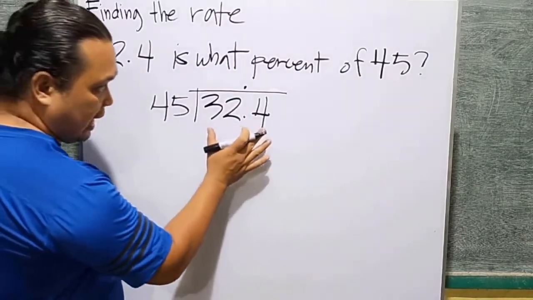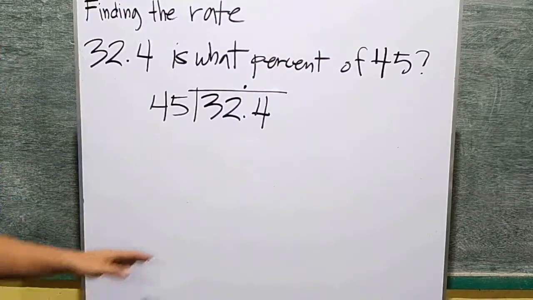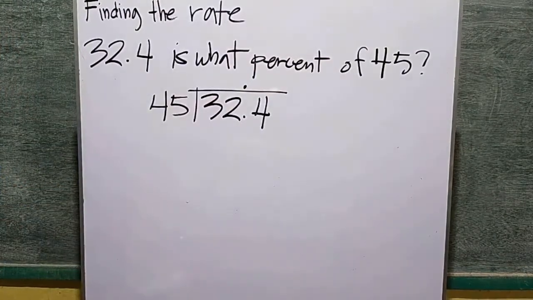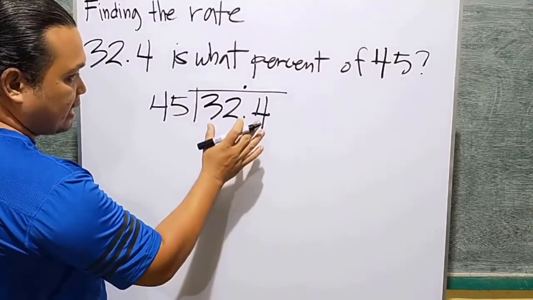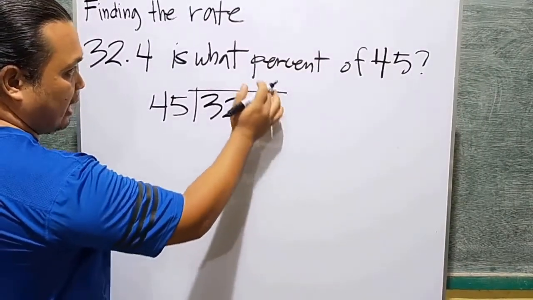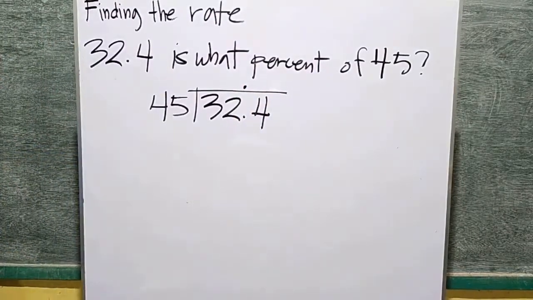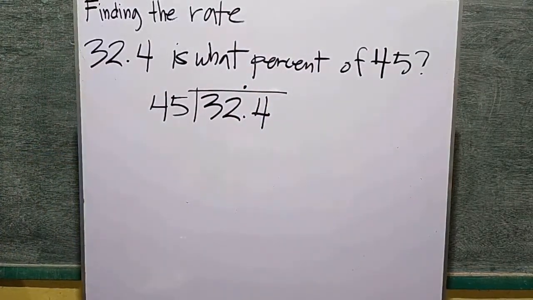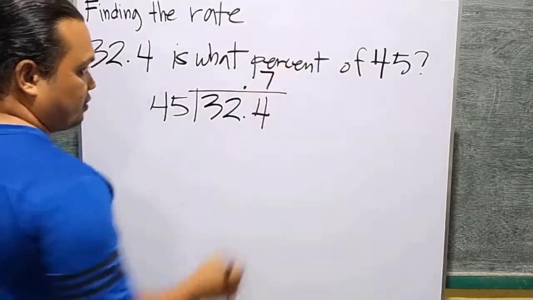So we need to add another digit so that we can divide the dividend by its divisor. So we're going to use 324, and our answer will be aligned on top of 4 here. 324 divided by 45, let's try 7.